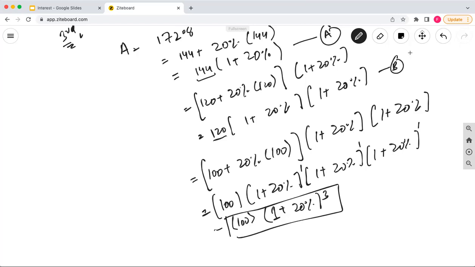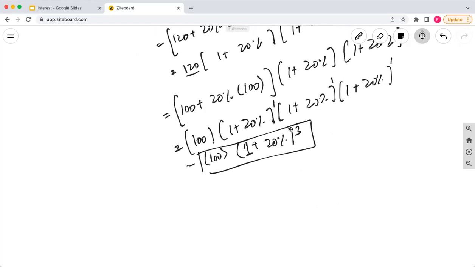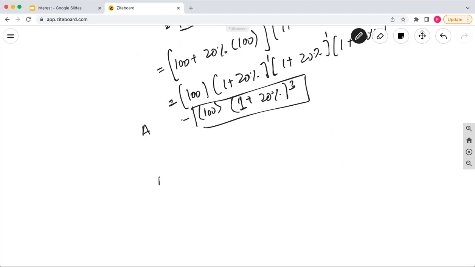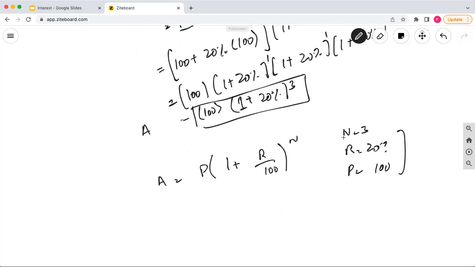Isn't this the formula of compound interest? What is the formula for compound interest? That is A is equal to P into 1 plus R by 100 to the power N. And in the question above, we consider N as 3, R as 20%, and P as 100, right?